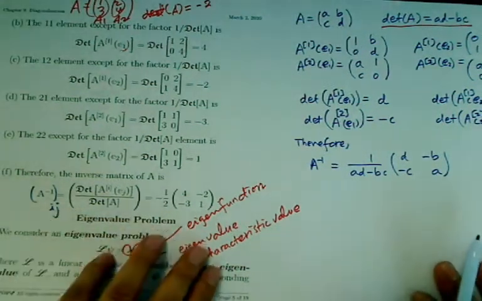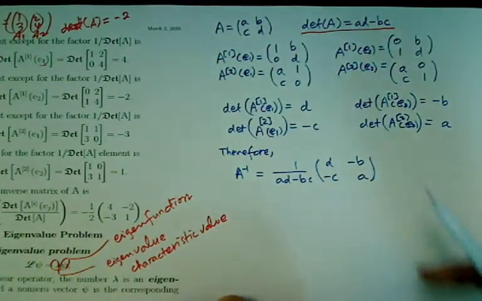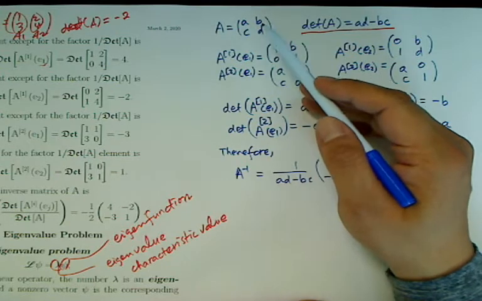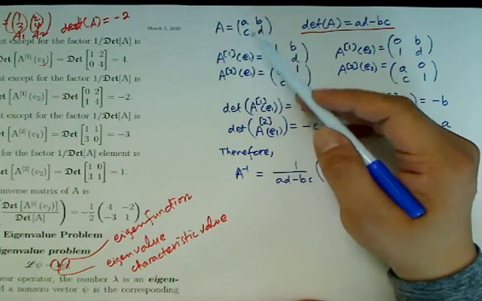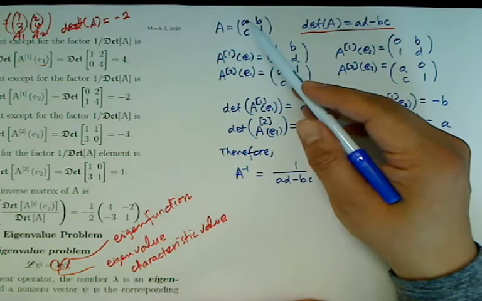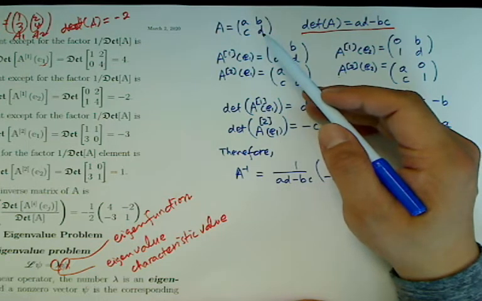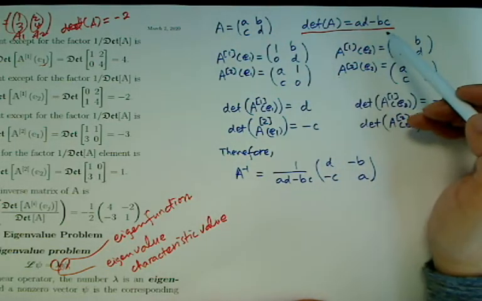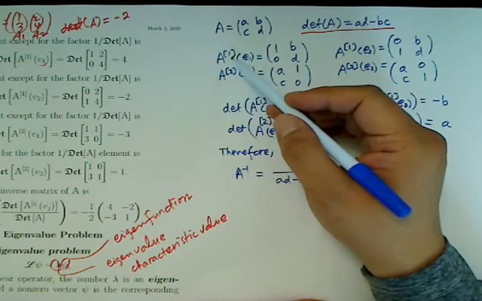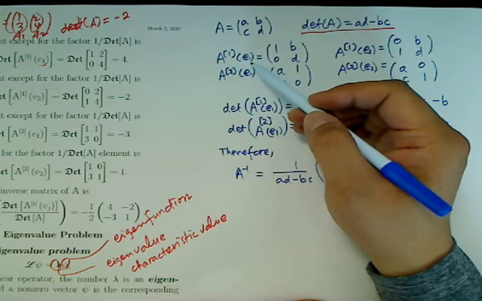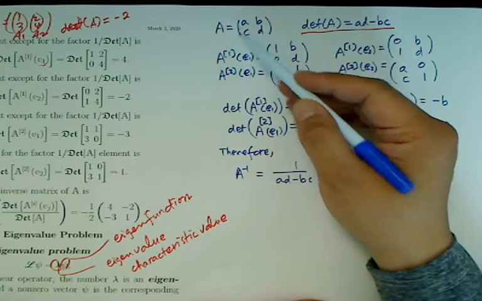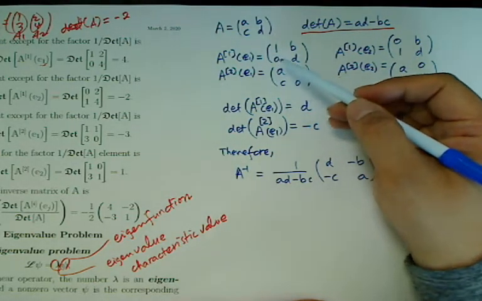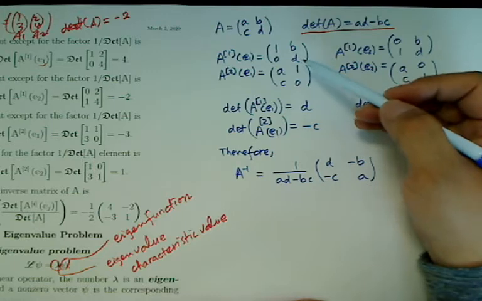We can check elementary computation for the general 2 by 2 matrix inverse. Matrix A is A, B, C, D. It is trivial to compute the determinant of A, that is AD minus BC. Now let us compute: the first column is replaced with E1, 1 0, and the second column is invariant.